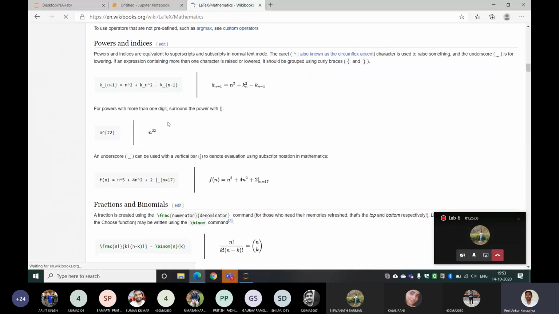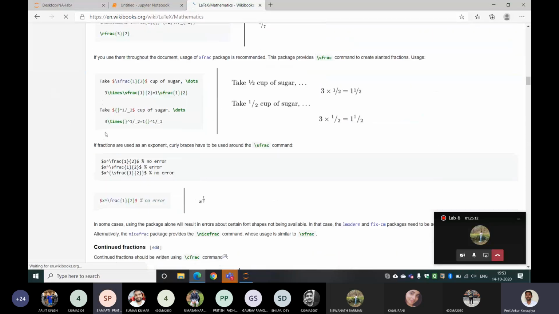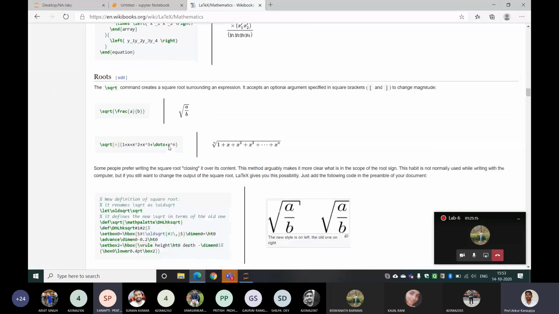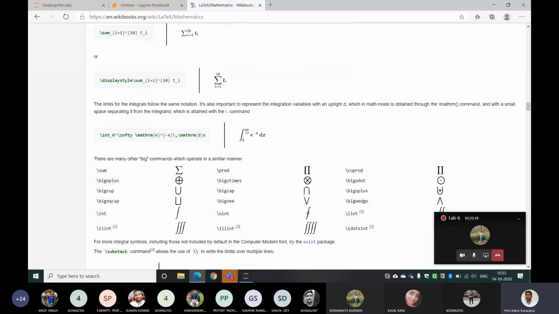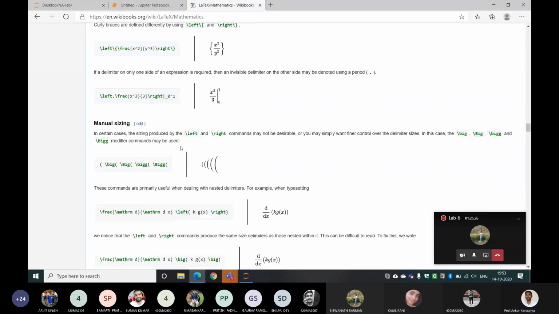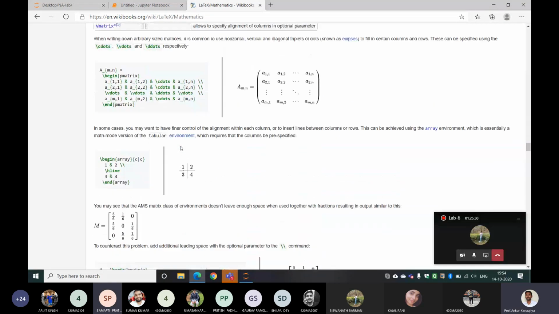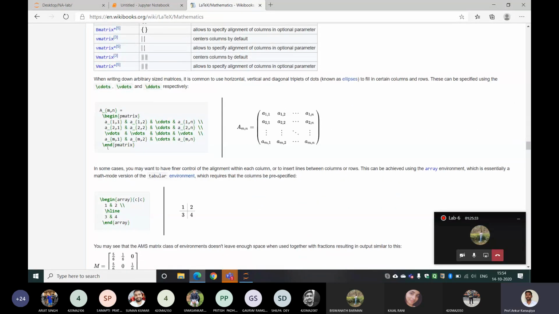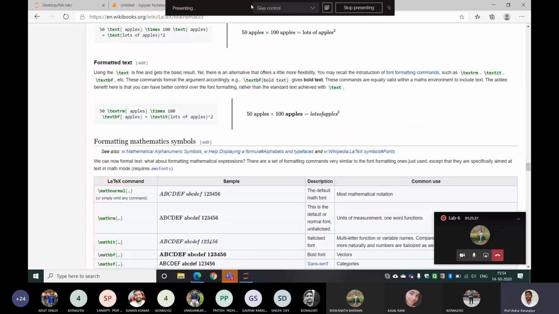You want modulus, power, factorial symbol. These are the codes you have to write, and it will give the answer. You want a square root, summation, integration. This integration, if you want, you have to write this code. This is in LaTeX. It's not required, at least in this course. If you want to write a matrix, you can write a matrix. If you copy this, you will get the whole matrix. Apart from this, a lot of things are there, but I'm not going to do them.